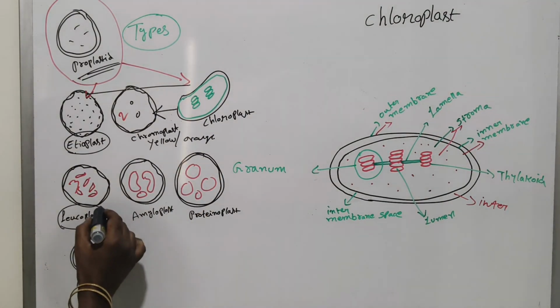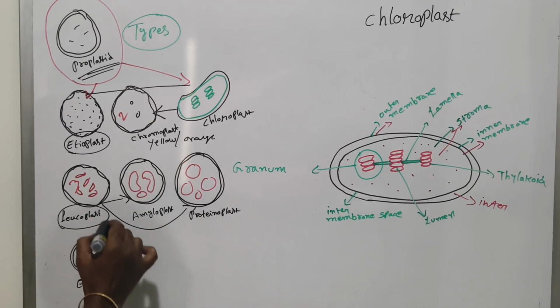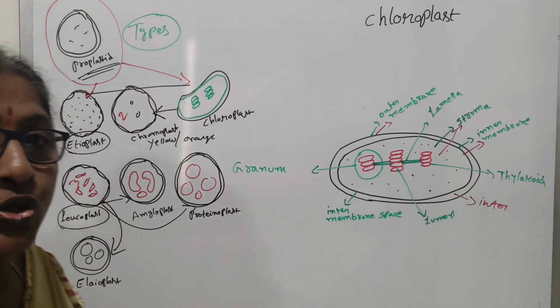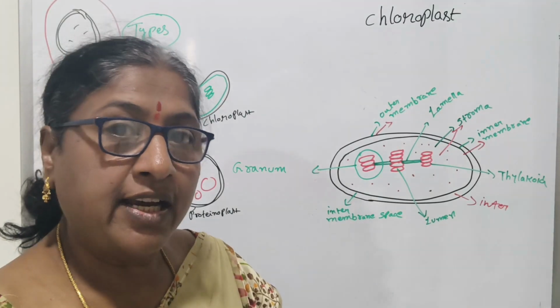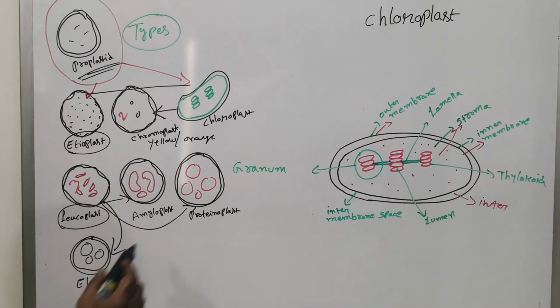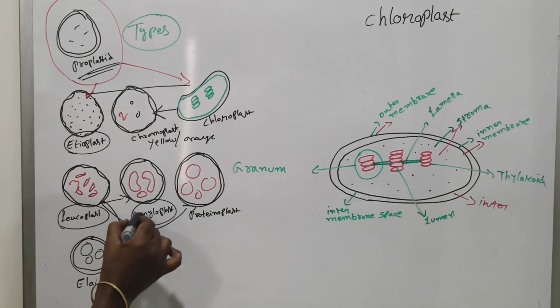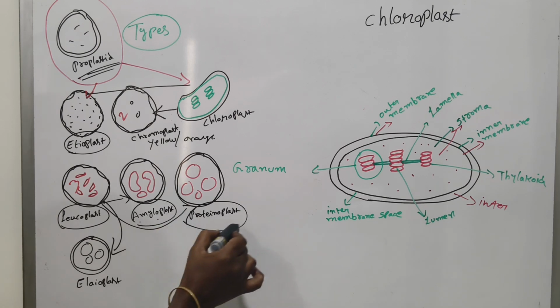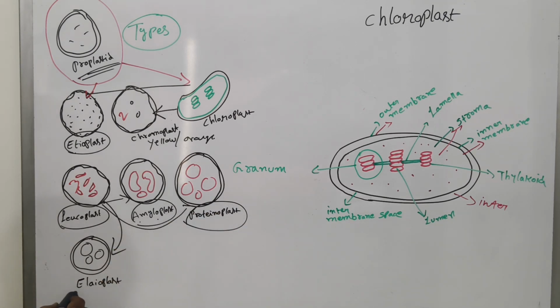This leucoplast gets converted into amyloplast or proteinoplast or elaioplast. Leucoplast stores proteins, lipids and fats. So if it stores amylose, that is starch, that is known as amyloplast. If it stores proteins, then it is known as proteinoplast. If it stores fats, then it is known as elaioplast.